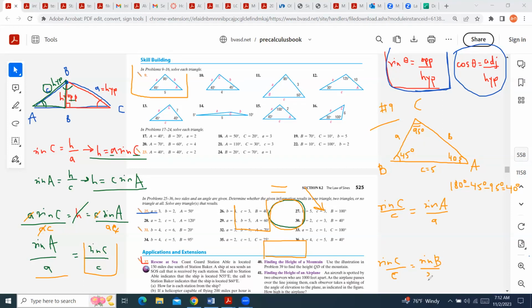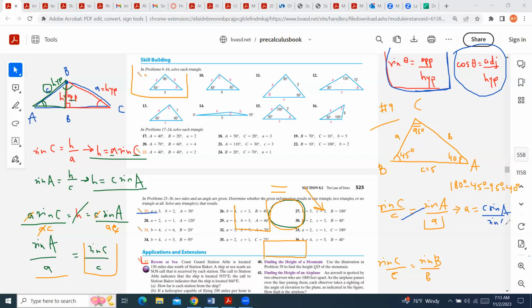Why I need this is because I can pull out A here. So using the proportion rule, A is equal to C multiplied by sine A and divided by sine C.